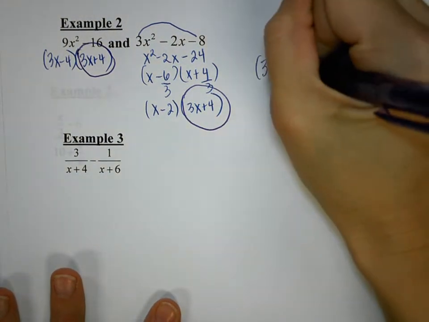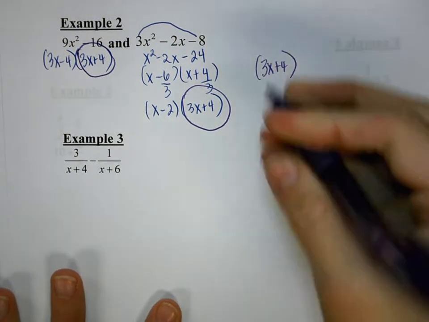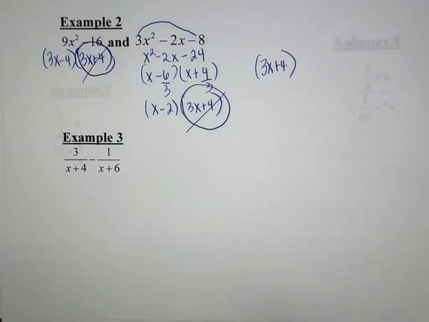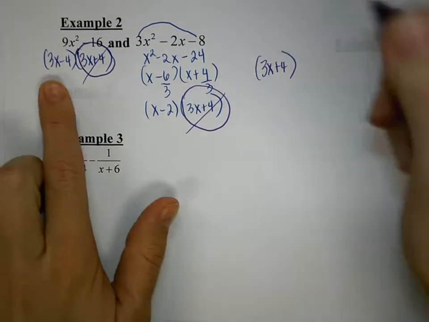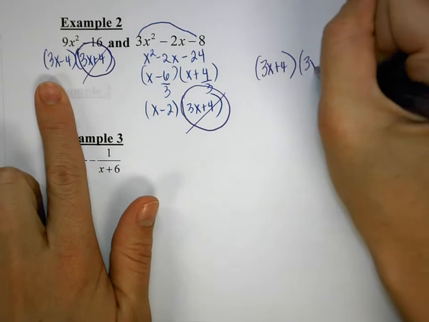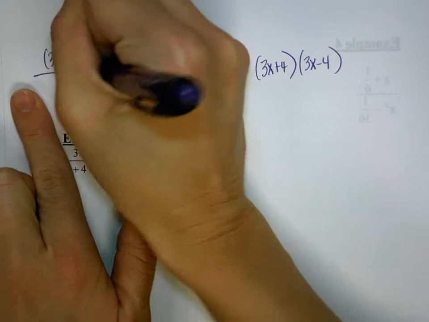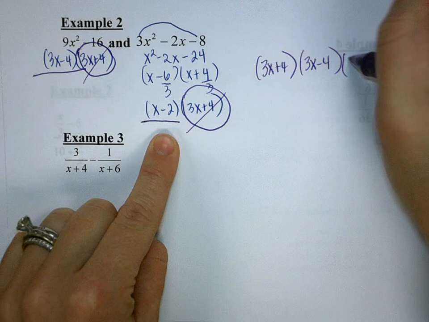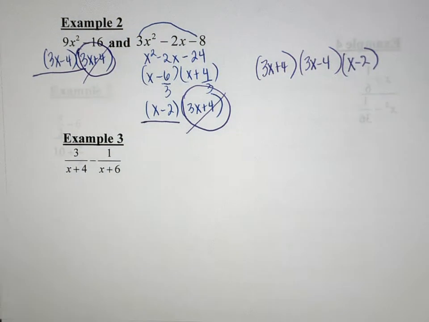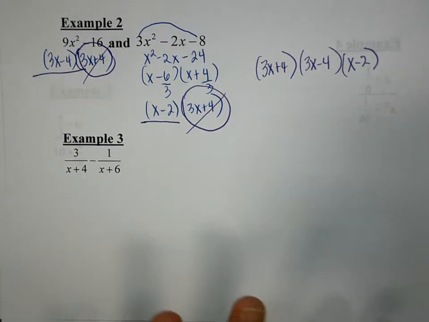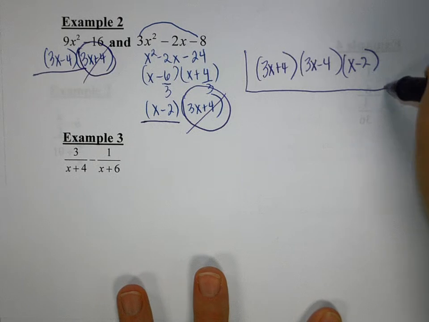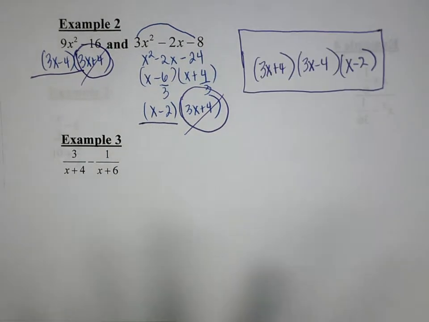Once. And if you want to, you could even cross those out. Those are done. Now, do they share anything else? No. So we still need the 3x minus 4. So I did that one. And we still need x minus 2. And that is your LCM, your least common multiple.